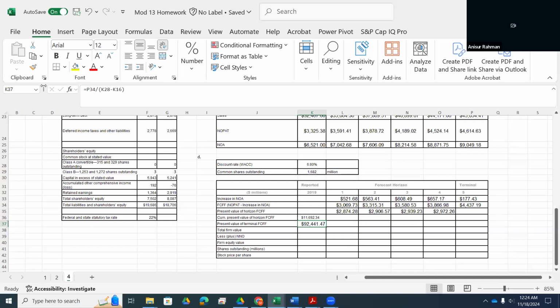Now, one more thing is we have to find out the present value of this. Remember, we have used terminal value 5, free cash flow. We have used year 5 free cash flow. So this terminal value actually stands at the end of year 4. So we have to discount for 4 years.